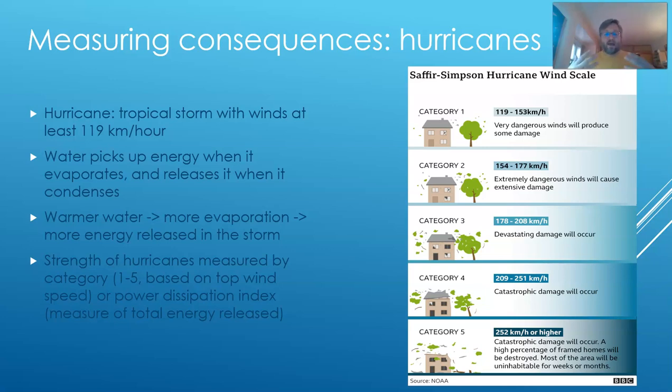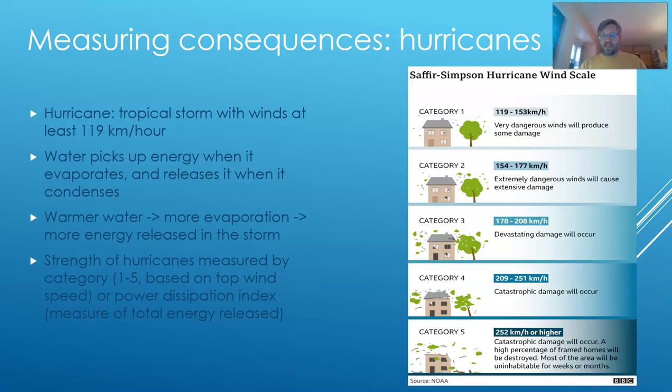So if you have warmer water, you're going to get more evaporation, which means more energy being sucked up by that evaporating water, and therefore more energy released when that water condenses and forms the clouds that make up the hurricane. So we expect that warmer conditions around the world are going to put more energy into our hurricanes.